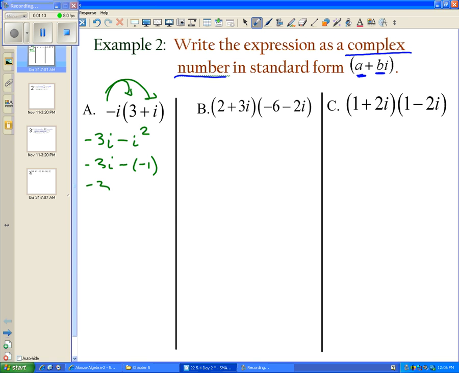So this is negative 3i plus 1. Excuse the board. So in standard form, it's going to be 1 minus 3i. That is my answer. My real part is 1. My imaginary part is negative 3i. That's how I do one of these problems.